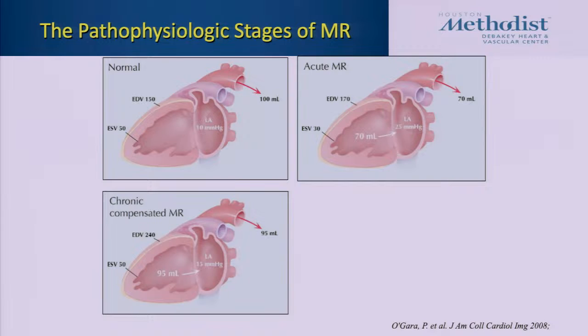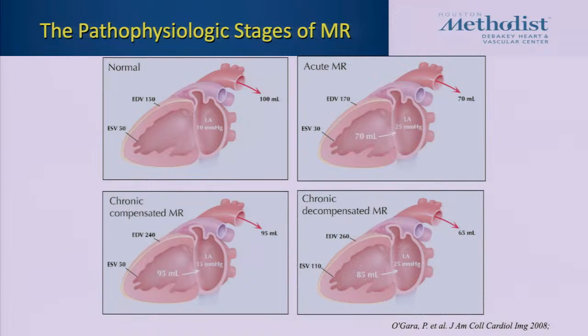Because you have LV remodeling and enlargement, your forward stroke volume actually goes up and can approach normal. This can be a fairly long chronic compensated phase, but invariably, and this is where the art is trying to figure out when, you become decompensated. You hope to intervene somewhere before this happens. But the decompensation is when forward stroke volume goes down, LA pressure goes up, and you start to feel bad.